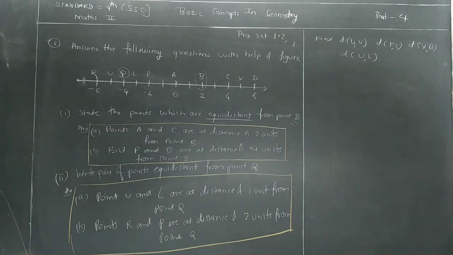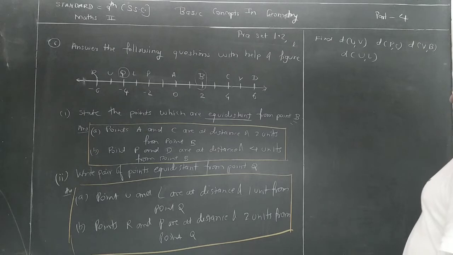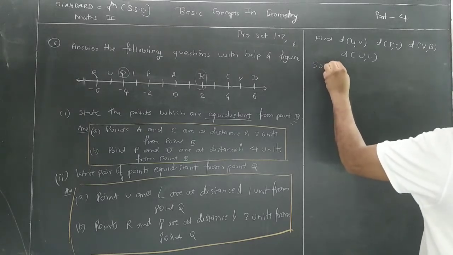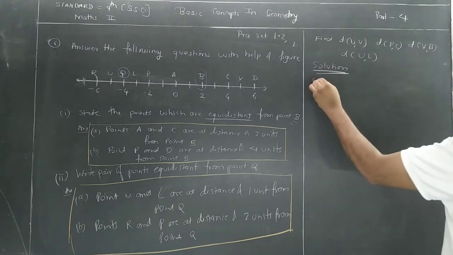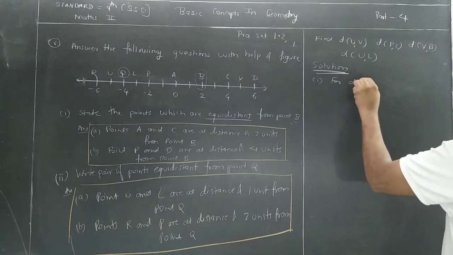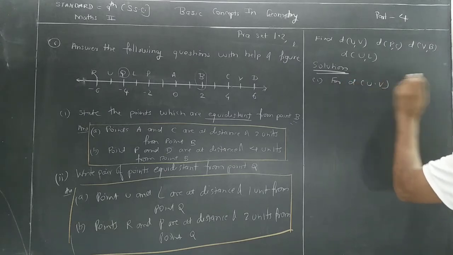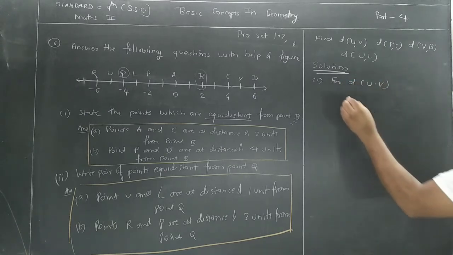Now this is our question, what we did in exercise practice set 1.1. Let's start the solution. It will be better if you do this question yourself. First, for distance UV, what are you going to write?